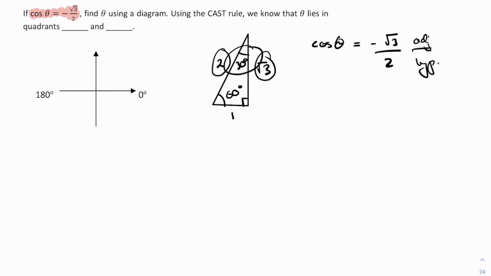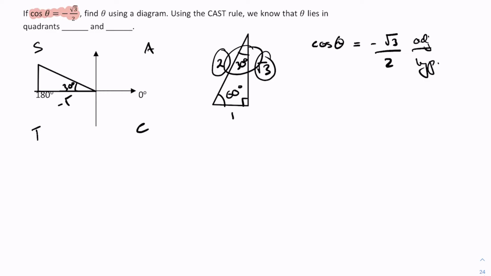Because it is in the negative region, if I remember the CAST rule, cosine is going to be negative over here, and it's going to be 30 degrees just above the x-axis there. Let me try and draw that again. So I have 30 over here.